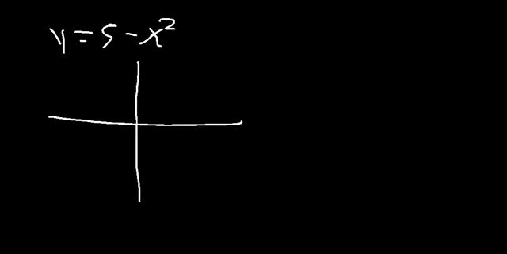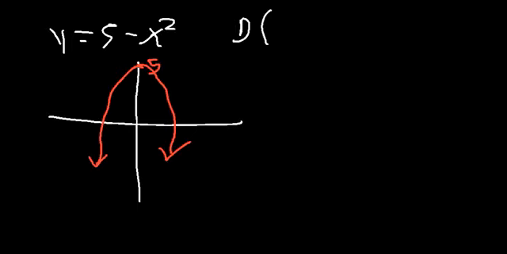Now if you have a downward parabola, let's say y is equal to 5 minus x squared. Your graph is going to start at 5 and it's going to open downward. It's been shifted up 5 units. So your domain for any quadratic function where you have x squared as your highest degree, it's always going to be negative infinity to infinity.